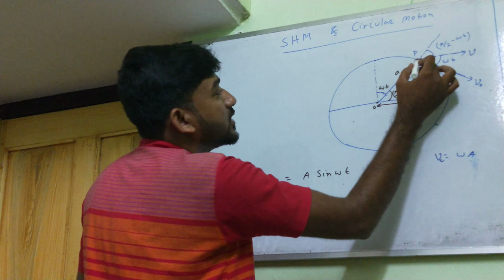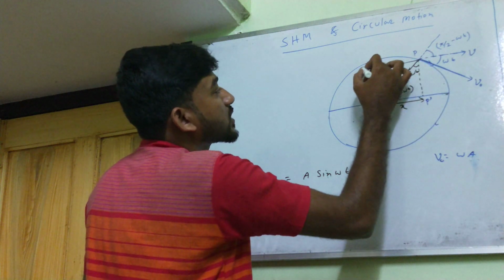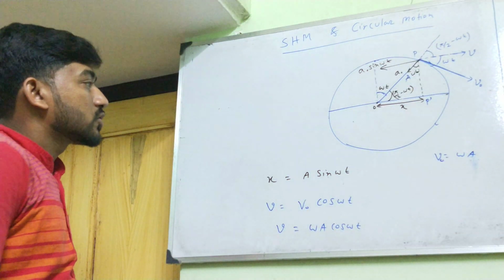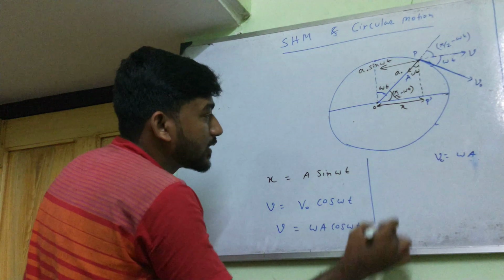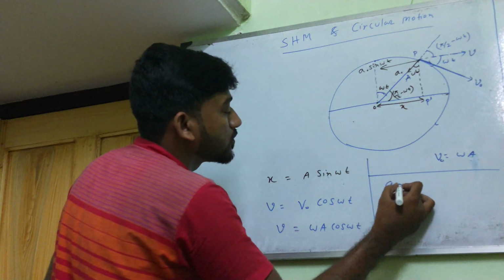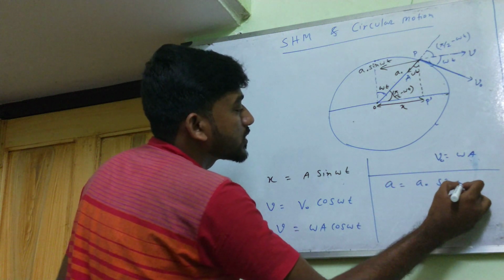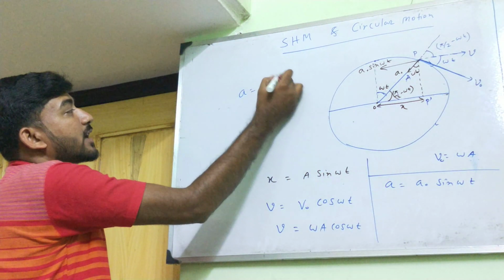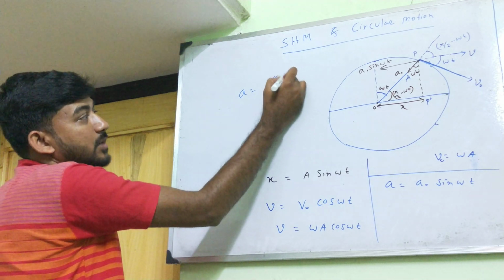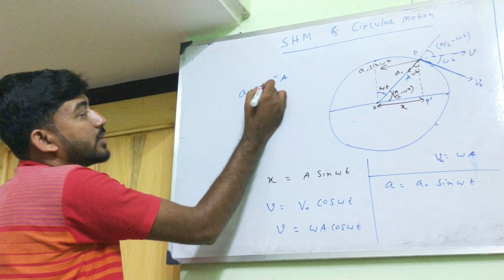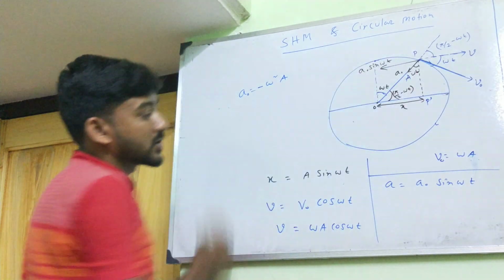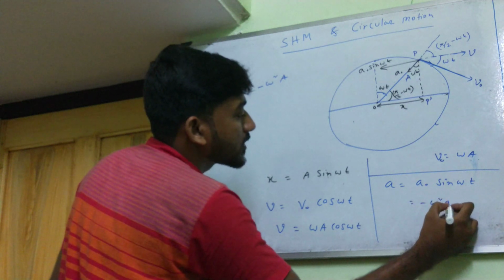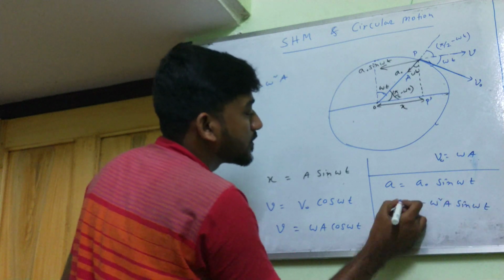So the component of this A0 along this direction will be A0 sin omega t. So here we can write that A equals A0 sin omega t. And this A0 is nothing but, as you know from the circular motion, omega square r. Here r means capital A, and there will be a negative sign because the direction is inwards. So A will be minus omega square A sin omega t.